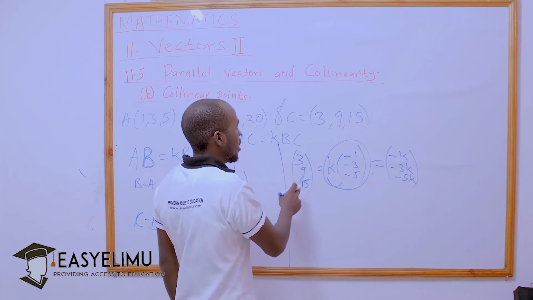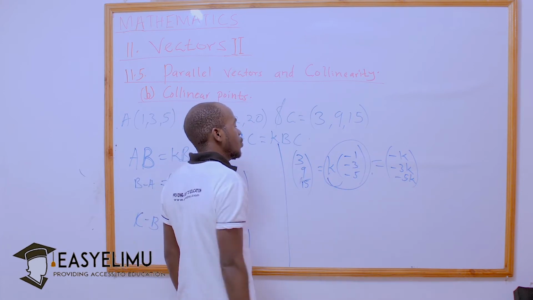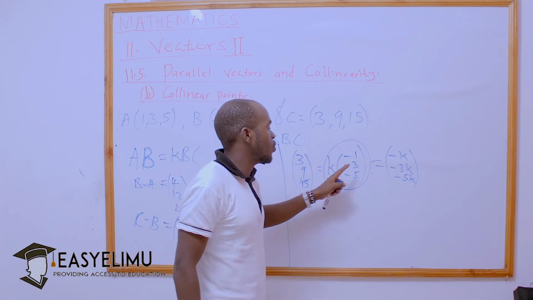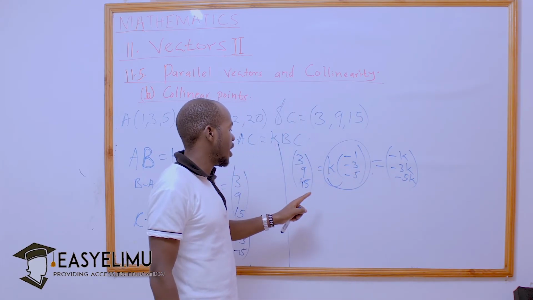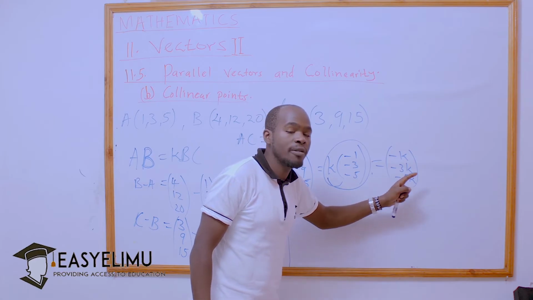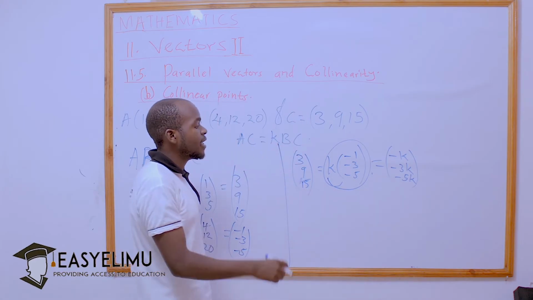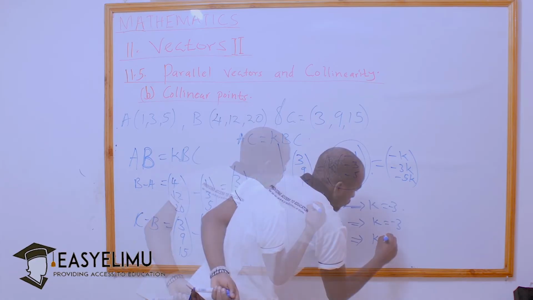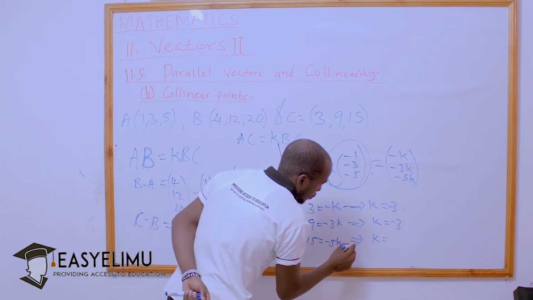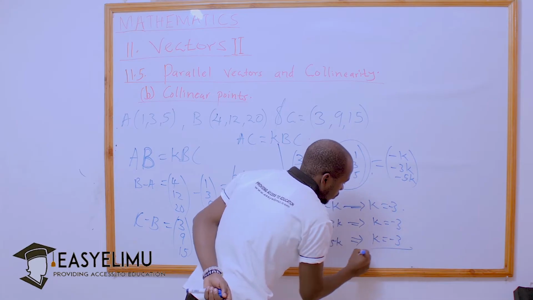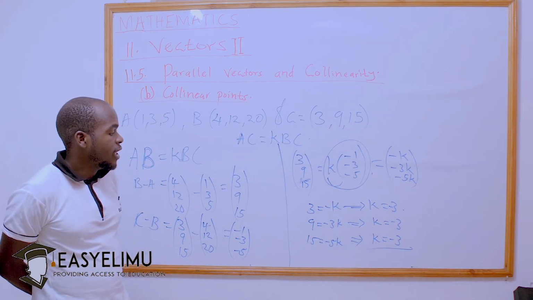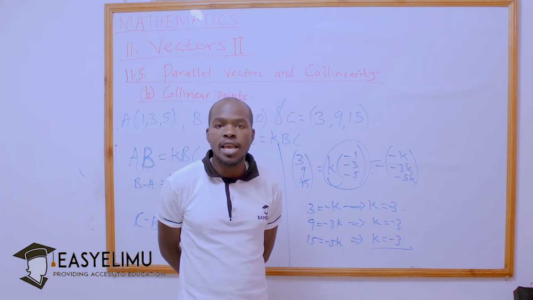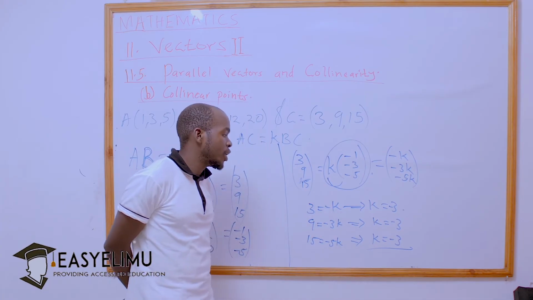So 3 is equal to -K, 9 is equal to -3K, and 15 is equal to -5K. Now let's find the value of K in each case. In each case, K is equal to -3.